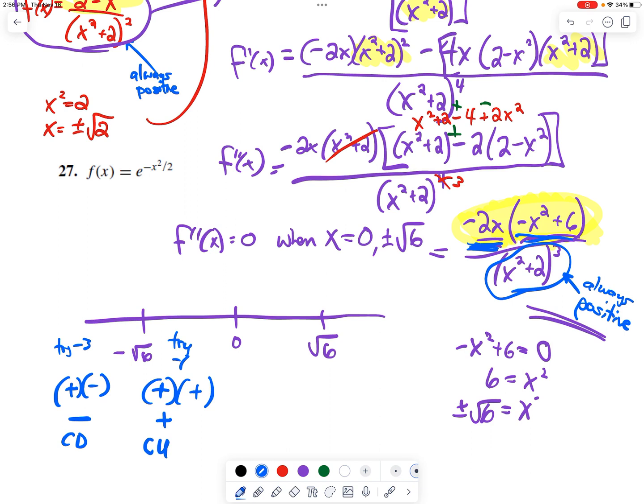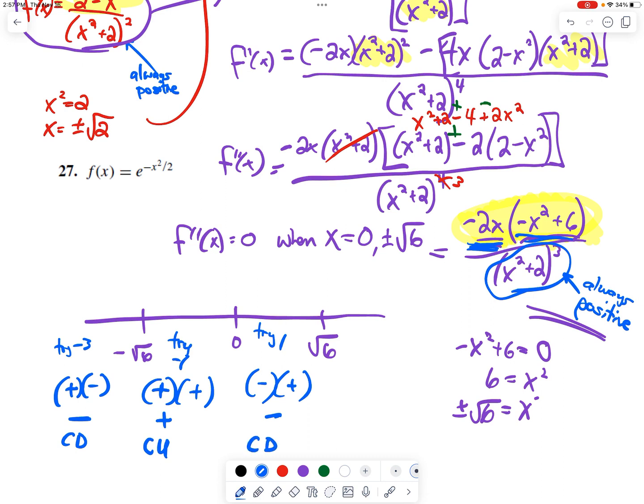From 0 to radical 6, which is a little bit more than 2, try 1. That means negative 2 times 1 is negative, and then negative 1 plus 6, that's positive. I am negative there. I am concave down.